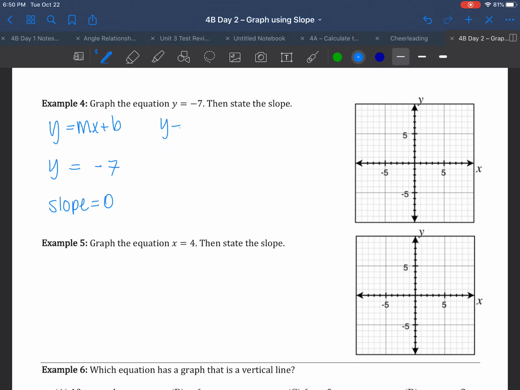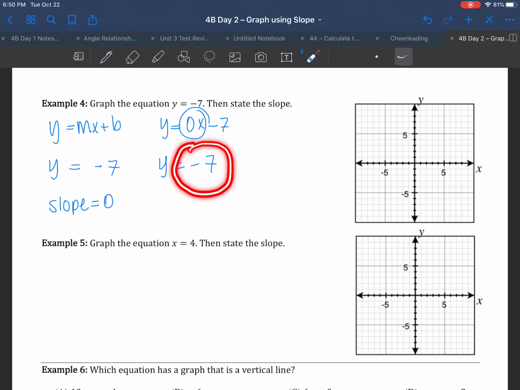Because if I say y equals 0x minus 7, I don't need to write that because it's a 0. So I just get y equals negative 7. And we know that 0 slope, that's going to be a horizontal line. So all I have to do is find negative 7 on my y-axis and draw a horizontal line at negative 7.